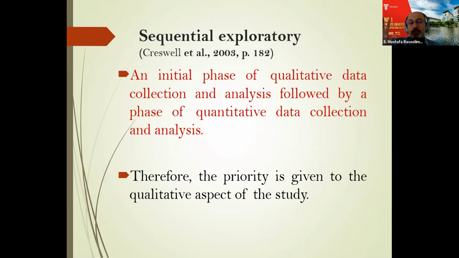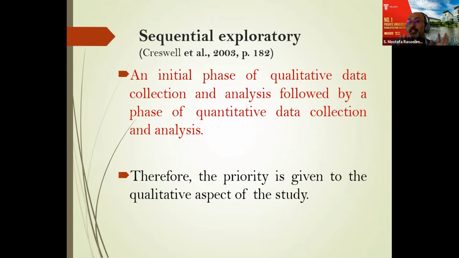And most of the time, this sequential exploratory is suitable for developmental research, right? So in this design, qualitative comes first, followed by quantitative, and quantitative is designed based on the result of qualitative.